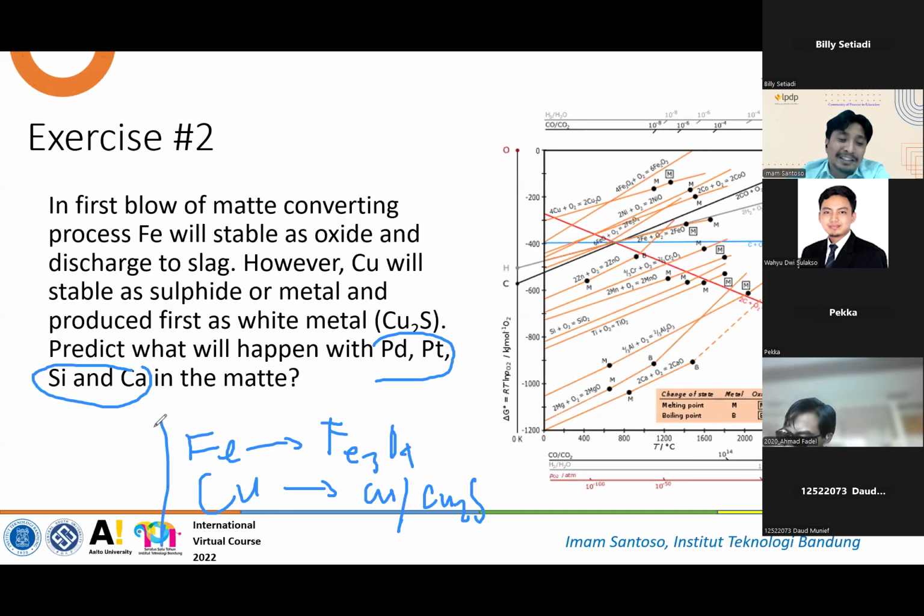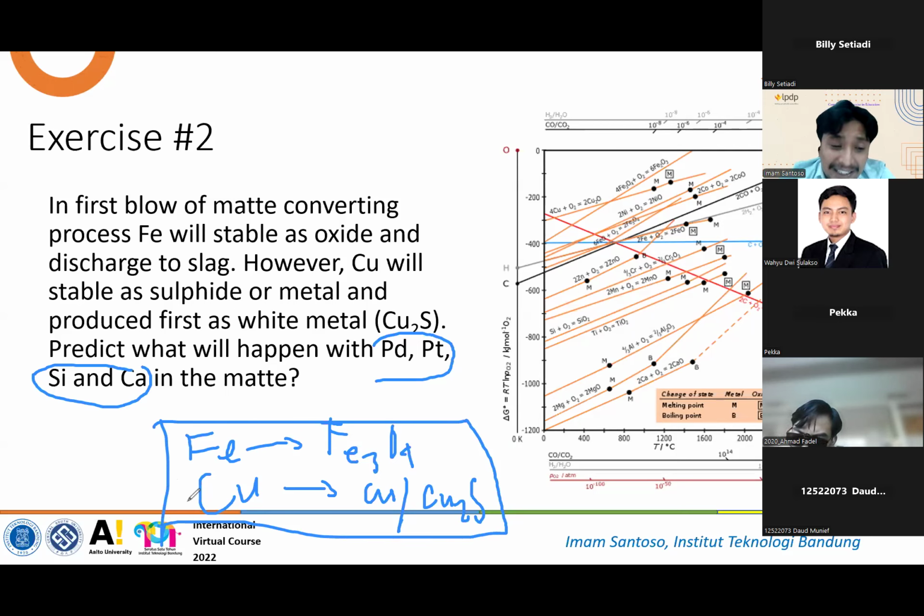This is the condition inside my reactor. I don't measure oxygen pressure. I just see that iron becomes iron oxide and copper is in the form of copper. Then at this condition, what is the form of palladium, platinum, silicon, and calcium? I give you 3 minutes to think.